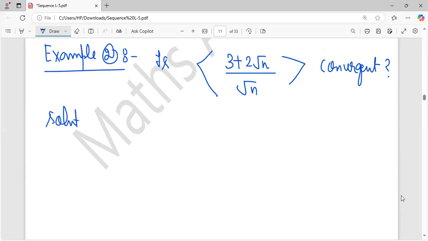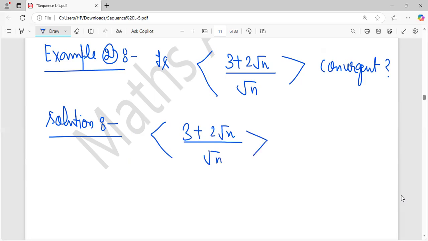Solution. So first you see this sequence, (3 plus 2 root n) upon root n.